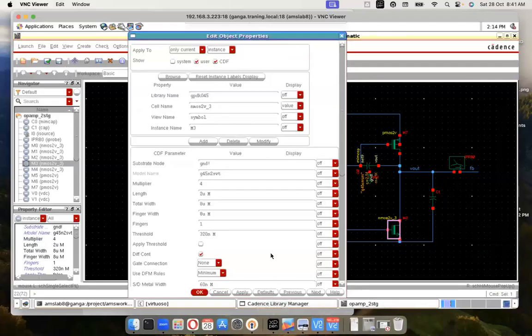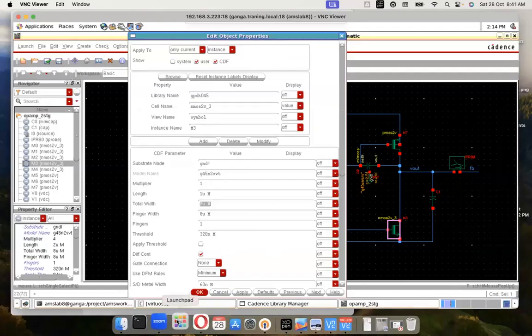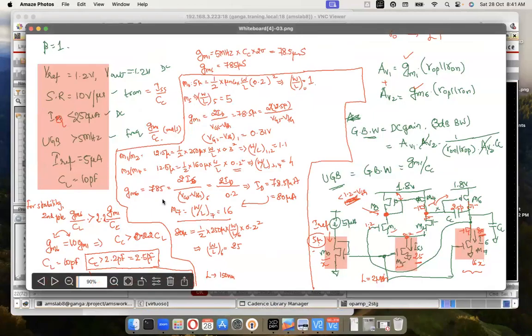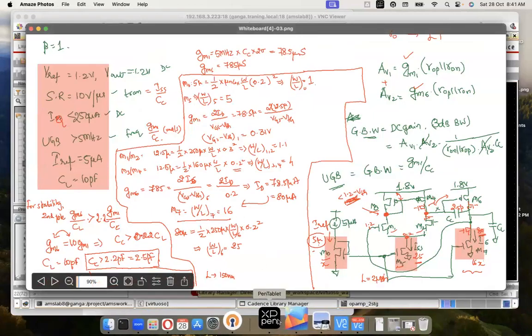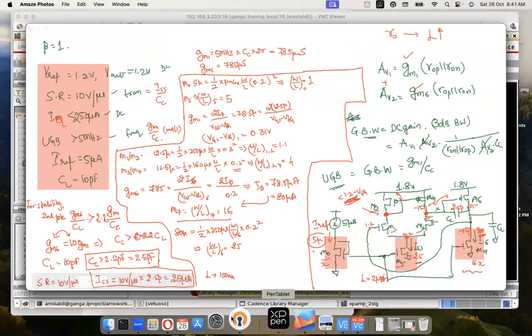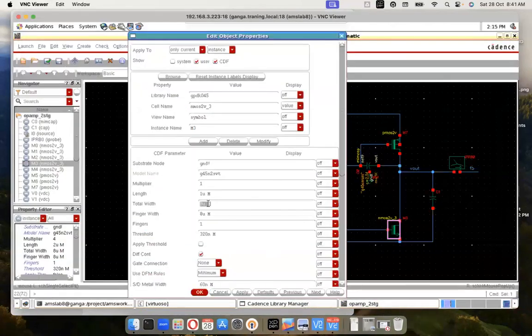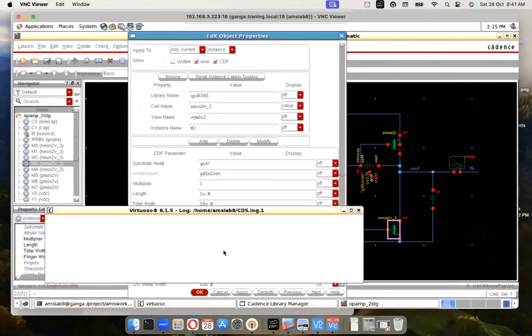And this is length is 1 micro. And width is what? That's M7, 16. Right? M7 is 16. So let's just put it as 16.